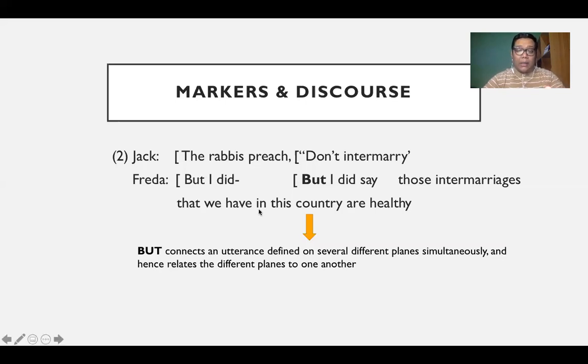And then, "but I did say those intermarriages that we have in this country are healthy." There are again two units involved. So if we look at this, there are four units involved in these discourses. And here, the word but, which originally functions as a coordinating conjunction, functions more as a discourse marker. Why?